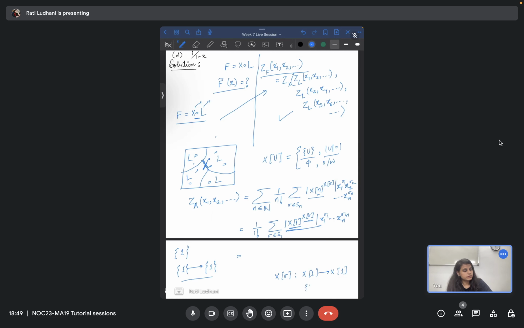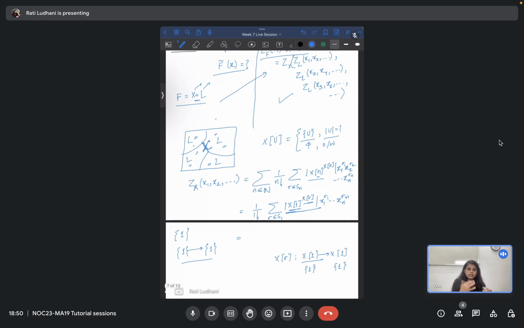And this is your singleton set. X1 is this, and on the other side you are getting this. In this situation there is one element, so it does not look too good, but there is just one permutation, sigma is just 1 goes to 1, so this is just 1 as a set.